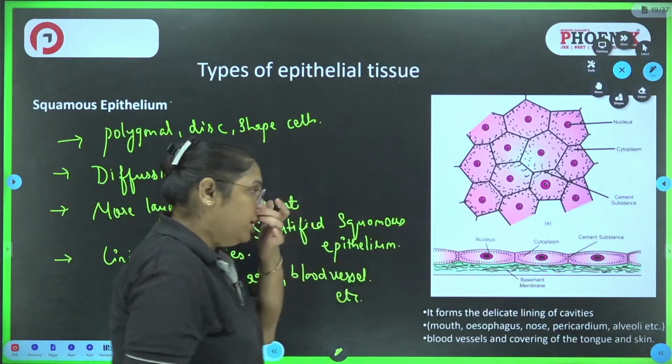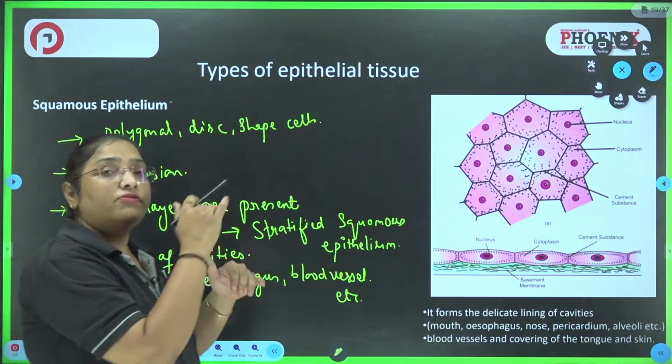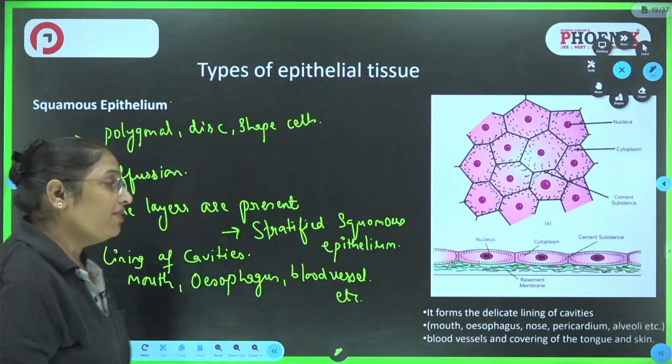The function of the squamous epithelium is diffusion, and if there are a number of layers of the epithelium, we will term it as a stratified epithelium.